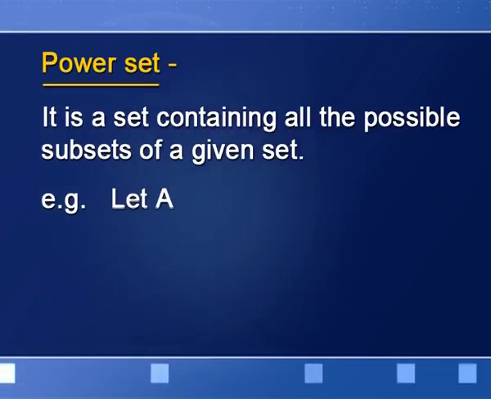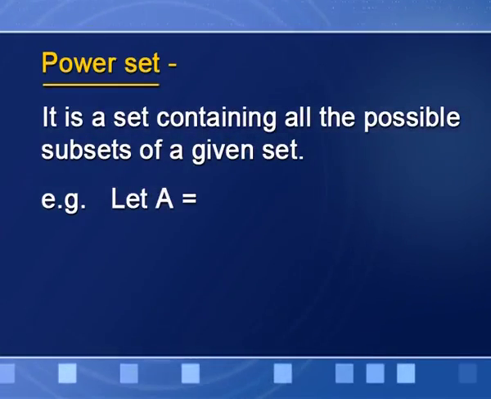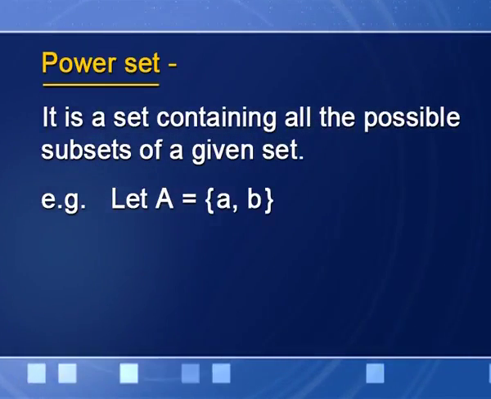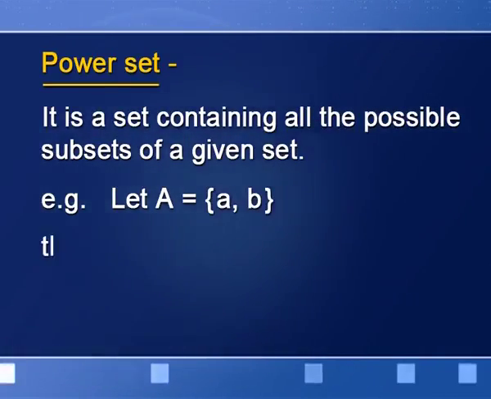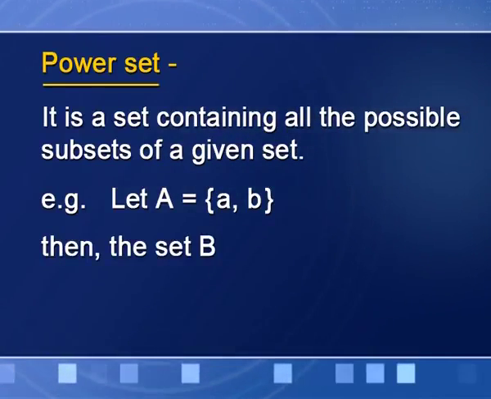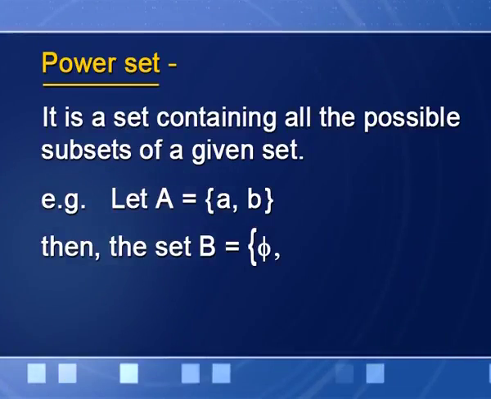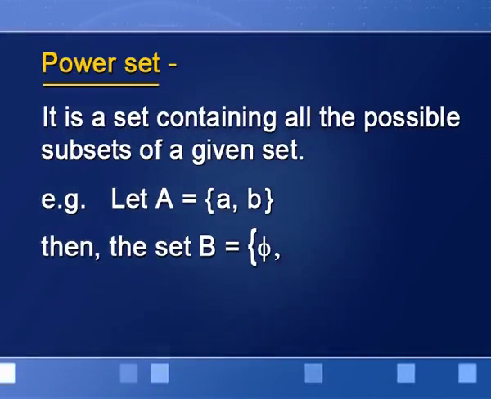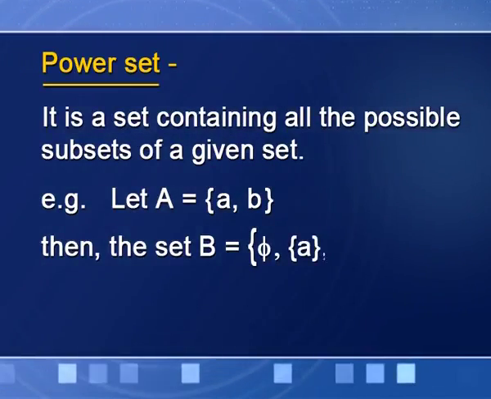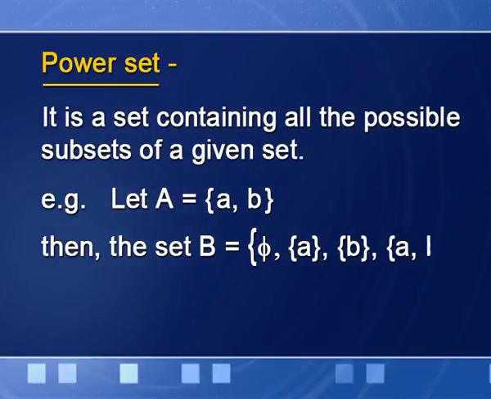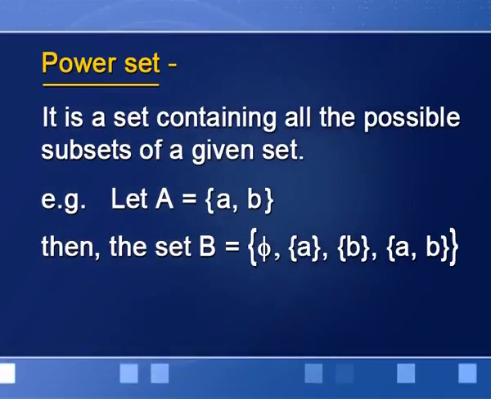For example, set A equal to a set which has elements a and b. Then the set B will include phi, meaning the null set, the set {a}, the set {b}, and a set containing a, b.